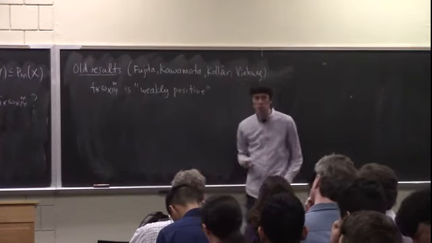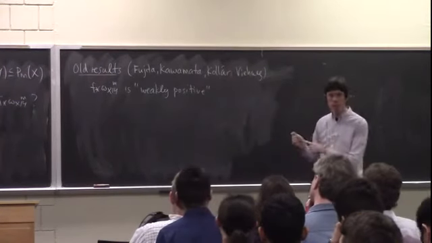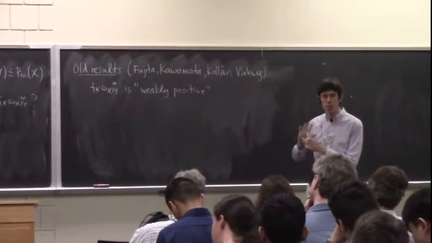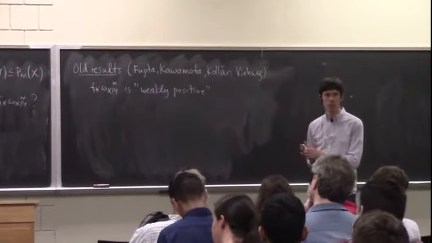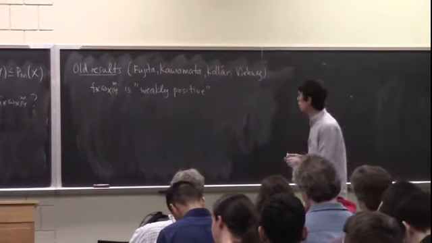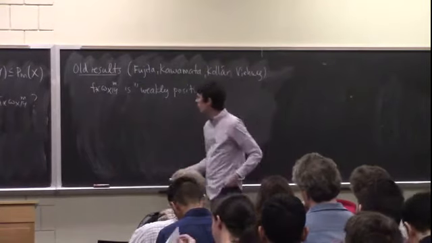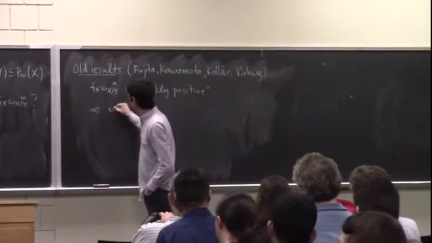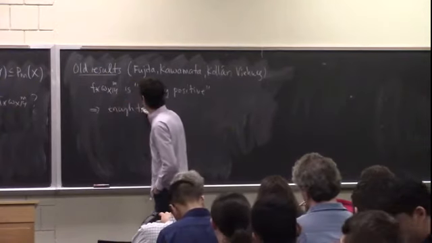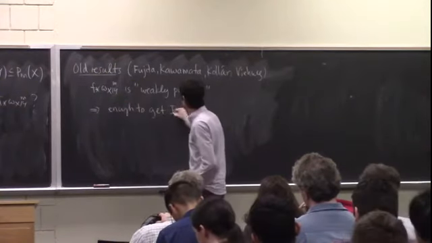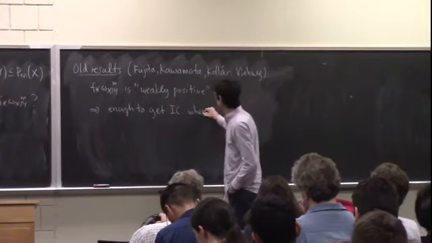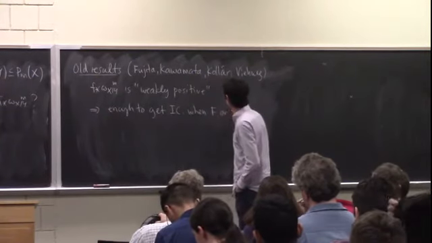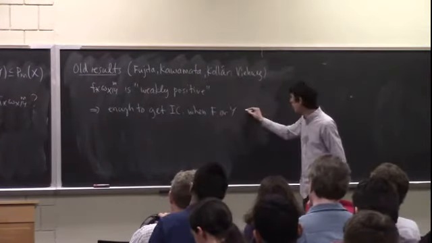Again, it won't matter too much for us what this is, because this metric approach is going to give a more quantitative version of this weak positivity. But anyway, this was enough to get Iitaka's conjecture when F or Y, so either the fiber or the base, are of general type.